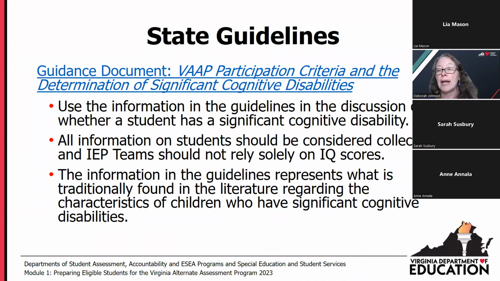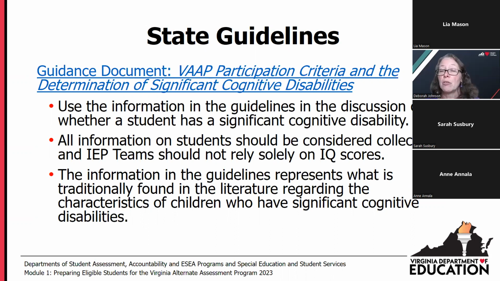We have some state guidelines out there for you all, or our IEP teams, to use. It helps in guiding you in making that decision as to whether or not students participate in the alternate assessment program. Using the information in the guidelines will help to aid in that discussion of whether a student has what we call a significant cognitive disability, which is required for being eligible to participate in the alternate assessment.